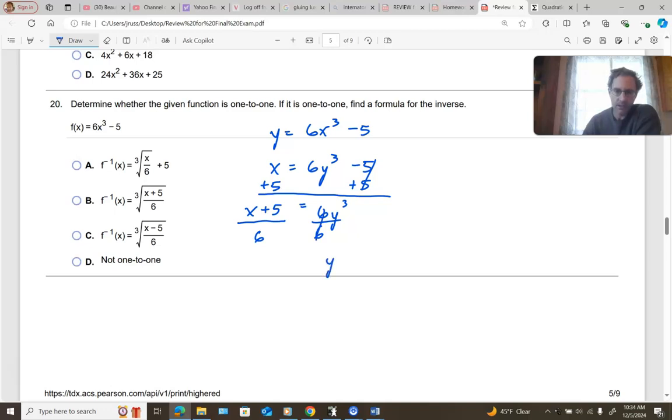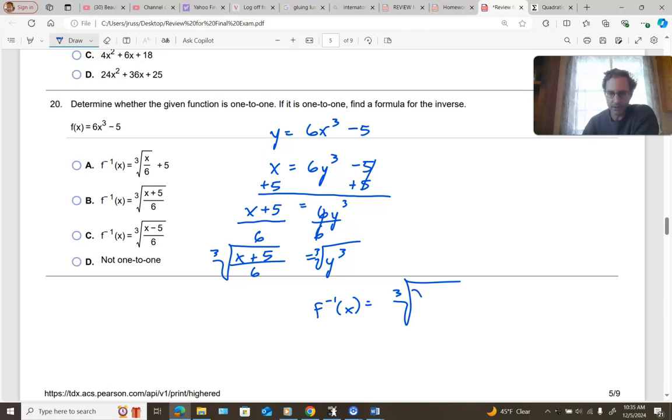Okay. And then you got to remember the opposite of cubing something is to take the cube root of it. So I'll take the cube root of both sides, and that'll give me that my inverse function is equal to the cube root of that fraction, x plus 5 over 6. Okay. So this appears to be B.